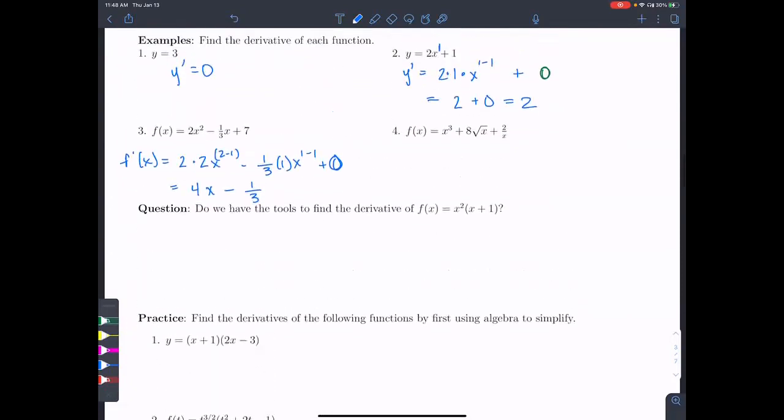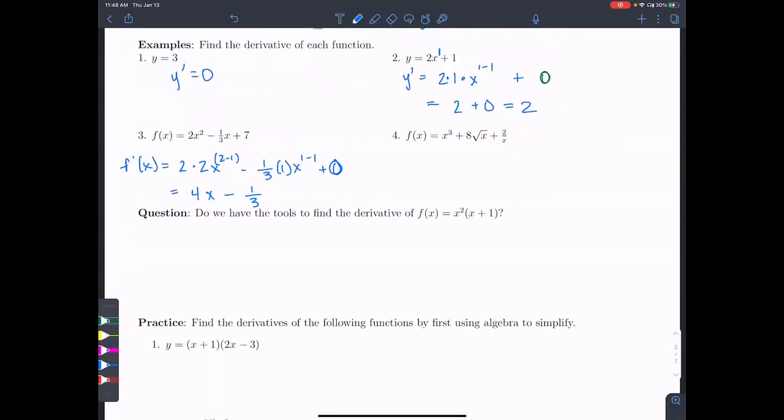And then let's see, we have these 3 functions here. So exponent down front, decrease it by 1. Exponent down front, decrease it by 1.